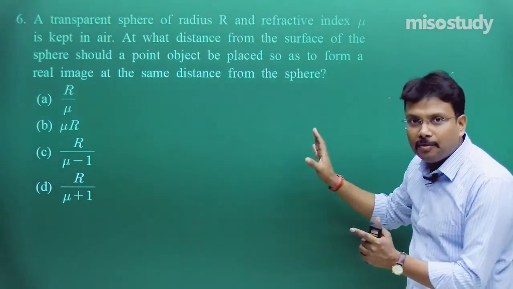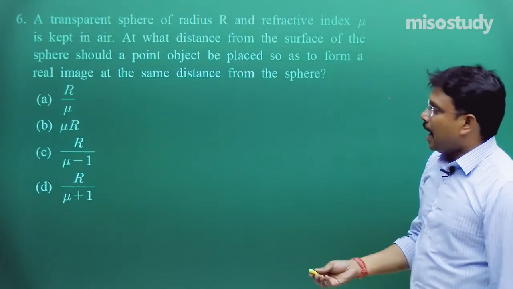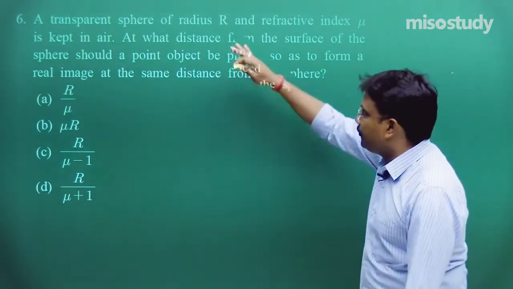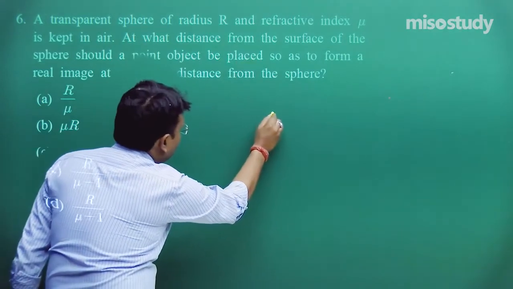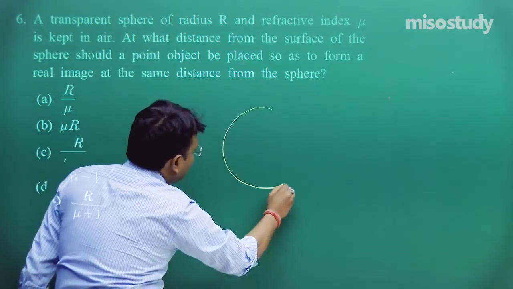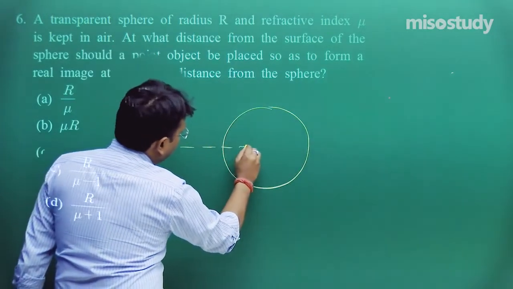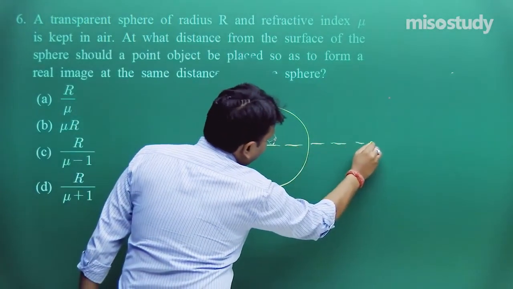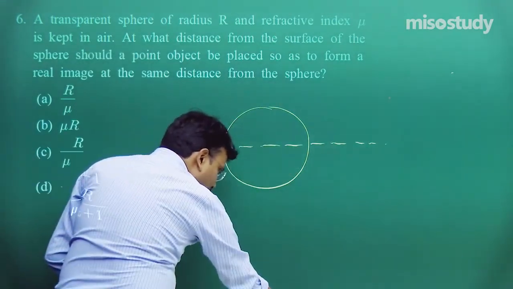Question is simple. First, with the help of a beautiful yellow color, I would like to show you the diagram of this entire statement. Let us say this is the sphere, and this is the principal axis, the baseline, whatever you can define.